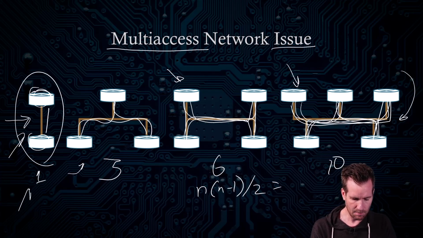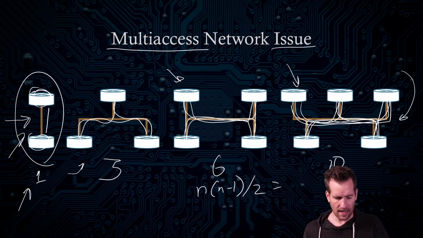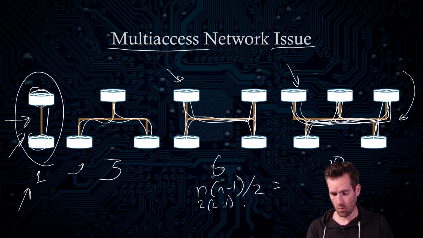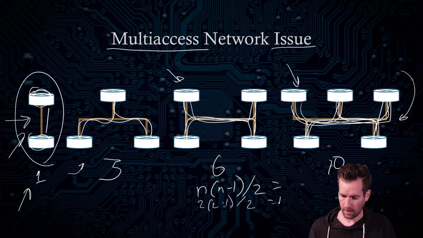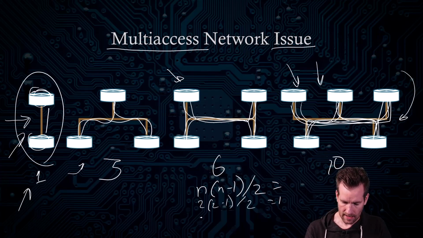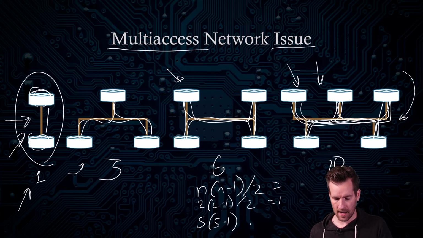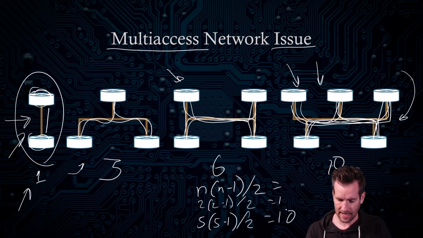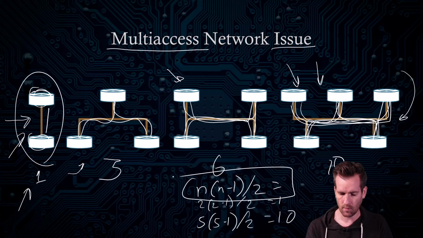So in this example right here, we have 2, so there's 2 times (2 minus 1), which is 1 times 2 is 2, divided by 2 equals 1. Or if we have 5 right here, it's 5 and 5 minus 1, which is 4. So 5 times 4 is 20, divided by 2 equals 10. So this is the equation that we have.